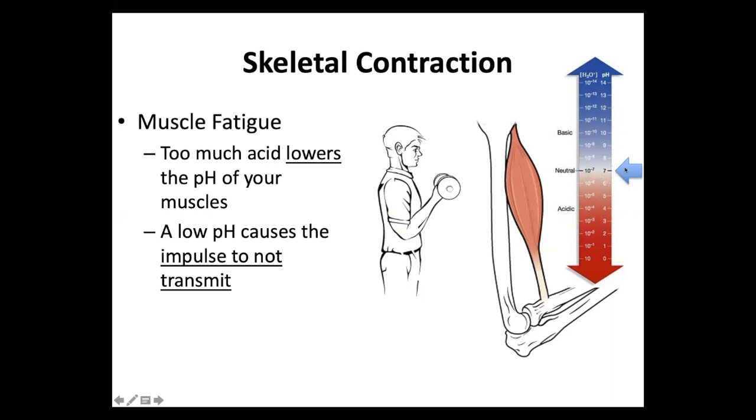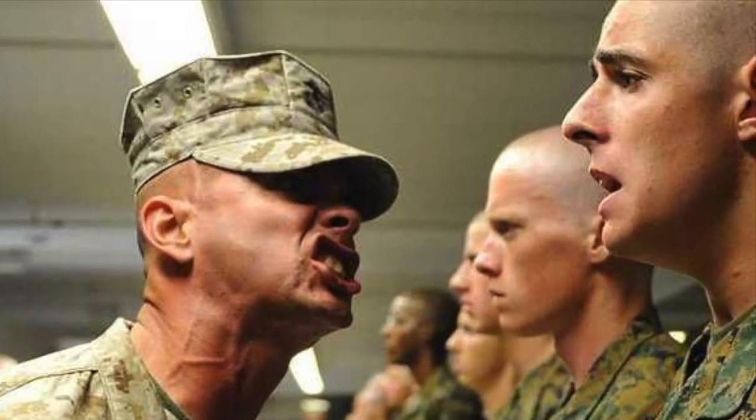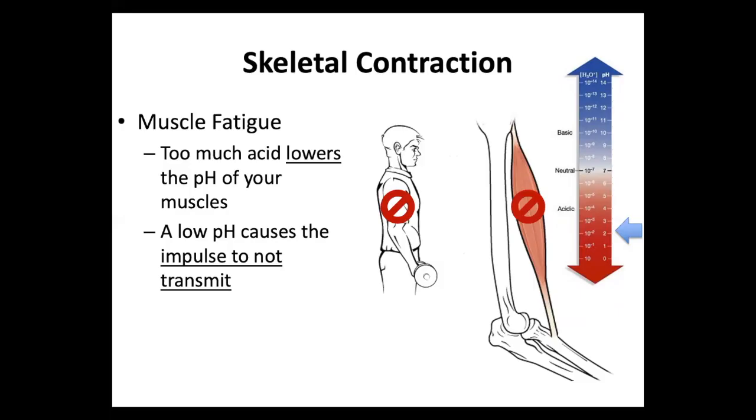If it gets acidic, then the electric impulses don't travel very well. They're not going to travel through your nerves to reach your muscles. So it's not that your muscles are too tired, it's that they don't get the message in the first place. Your brain is yelling, contract, and the muscles are like, what? Did you guys hear something? No? Yeah, me either. That's fatigue.